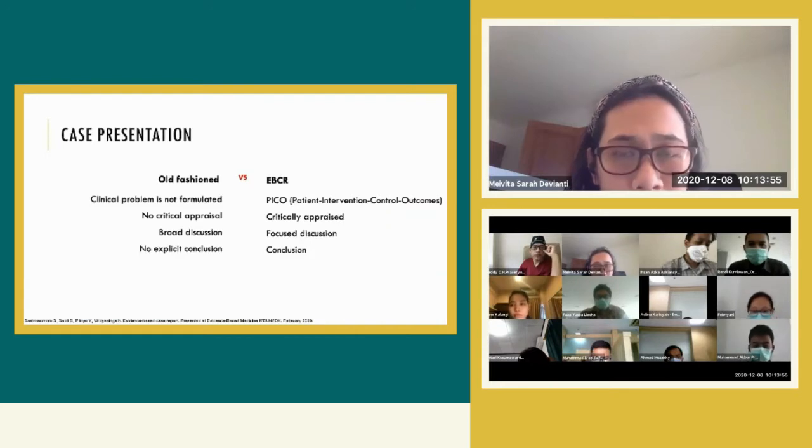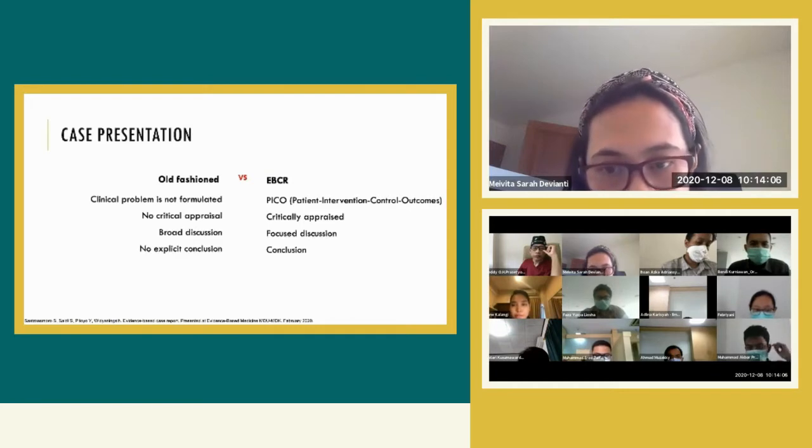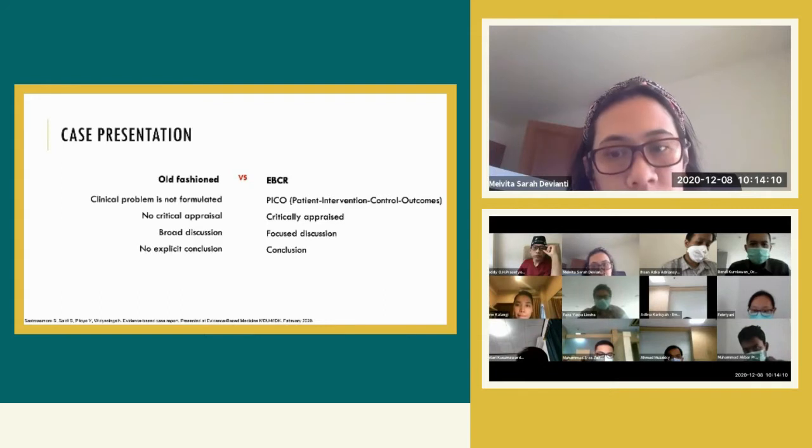This is the outline of the difference between the old-fashioned case report and the EBCR. EBCR, as I said before, is searching the evidence and critically appraising it. So it is a more focused discussion.